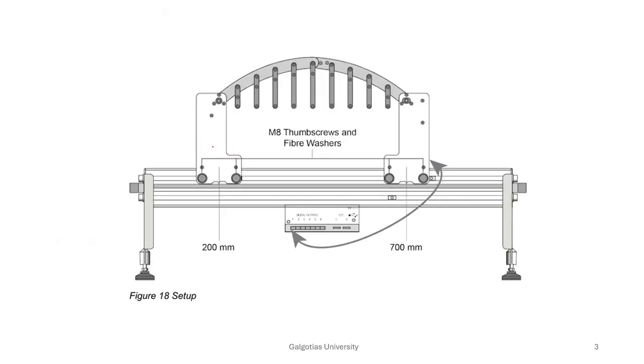So proceeding further, you can see that this is the experimental setup where the span is around 0.5 meters for this three-pinned arch, and the height of the arch is 0.1 meter.